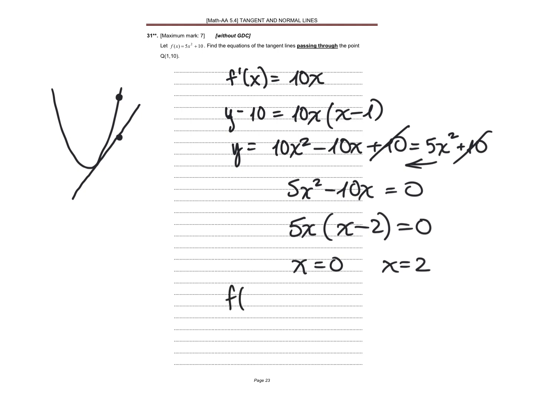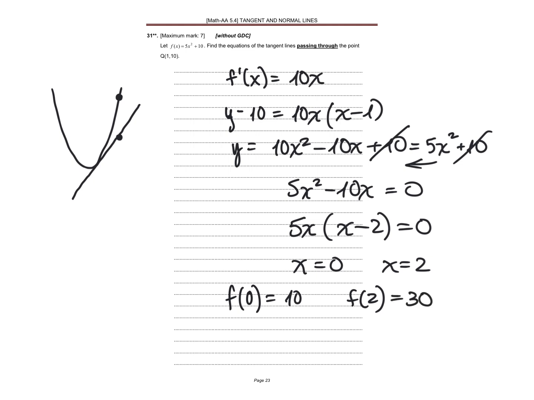So if we find our equations here, that's going to be 0, 10, and if we do 2, we've got 5, 20, 30.